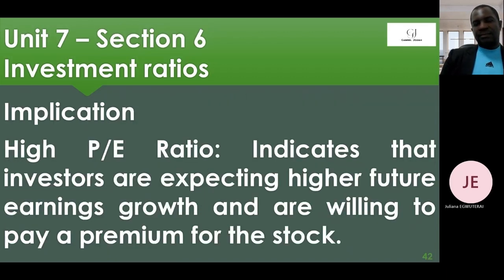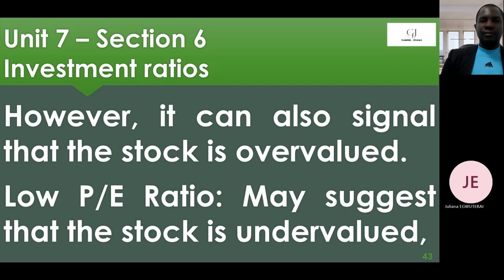So what's the implication? A high PE ratio indicates investors are expecting high future earnings growth and are willing to pay a premium for the stock. Exactly. So high yielding stock, a lot of investors can pay a premium, especially when they see prospects in the company or in that industry.